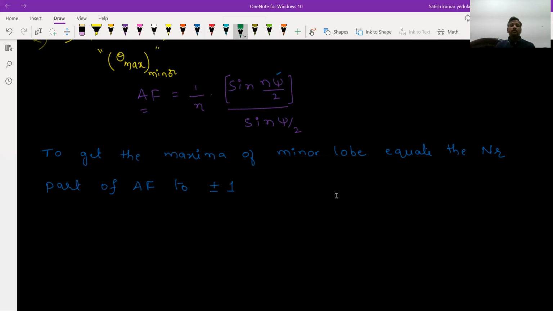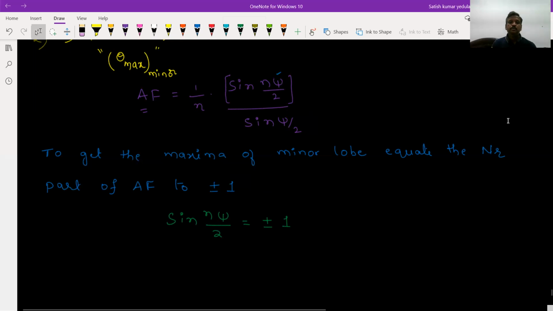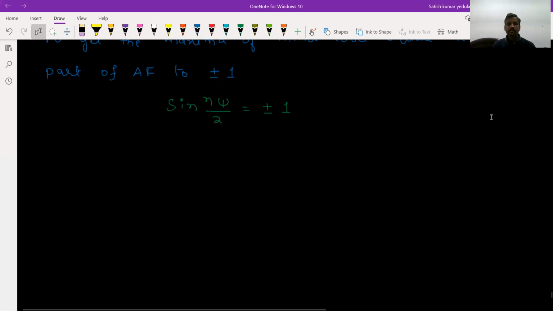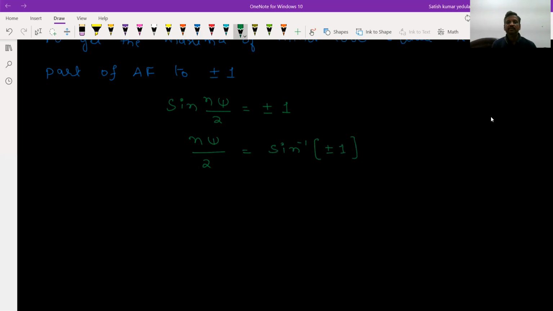So sine of N psi by 2 is equal to plus or minus 1. Let us now start with this. N psi by 2 will be equal to sine inverse of plus or minus 1. What is the sine inverse of plus or minus 1?